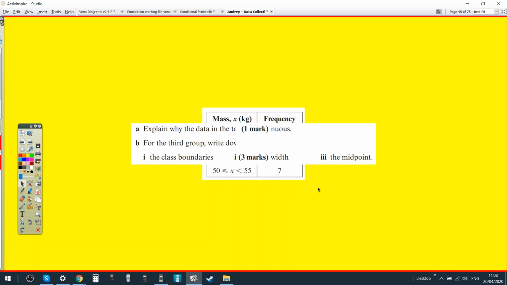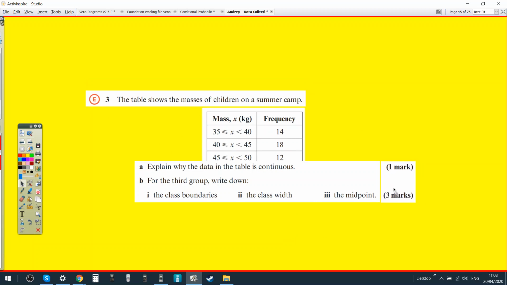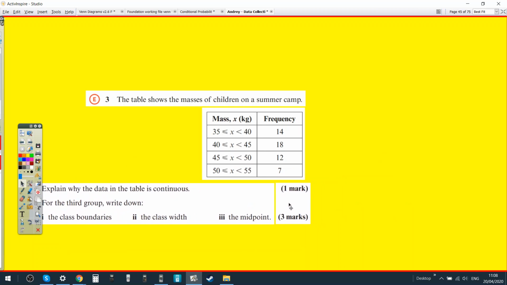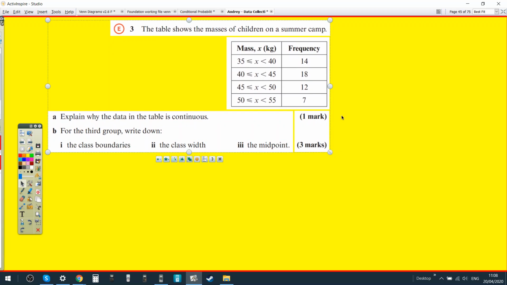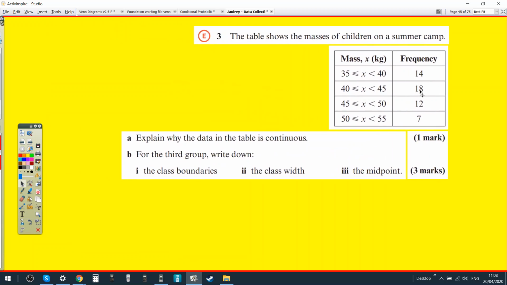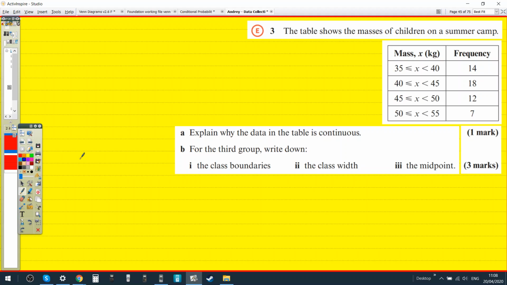Okay, exam question. How about this? Is the data in the table continuous because it's not like set, like your weight can vary and stuff?